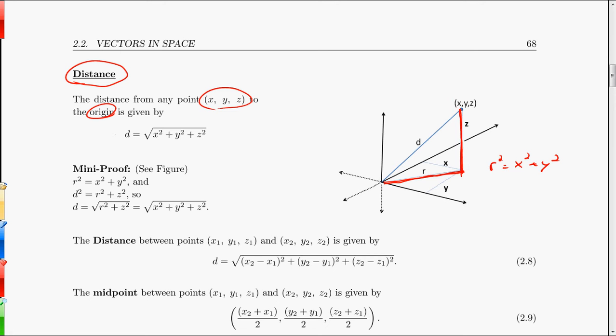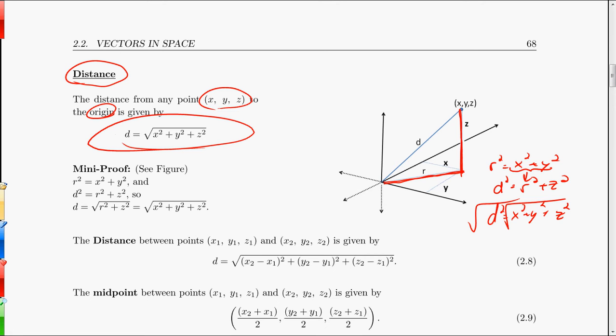That height is just the z value. And so what I then have is that d squared equals r squared plus z squared. But this is just r squared. So d squared equals x squared plus y squared plus z squared. Take the square root of both sides and you wind up with that formula.